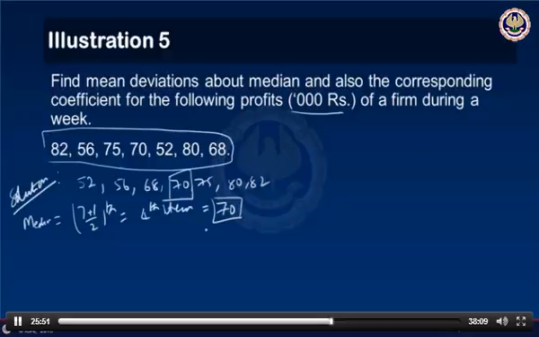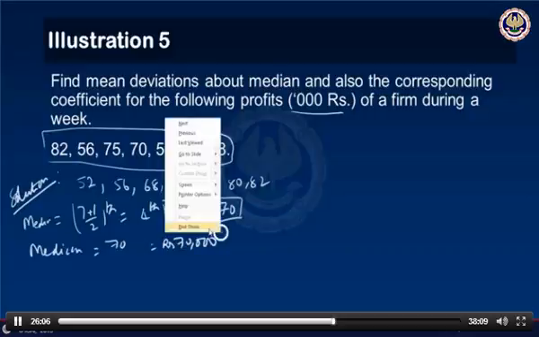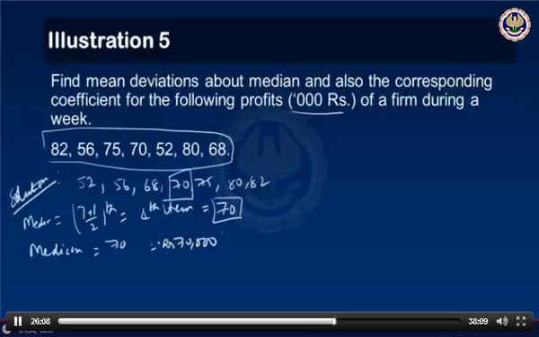That means the median profit is 70 into thousands, 70,000. For this data, median is 70. These are all mentioned in terms of thousands, so rupees 70,000 is the median profit for this data.